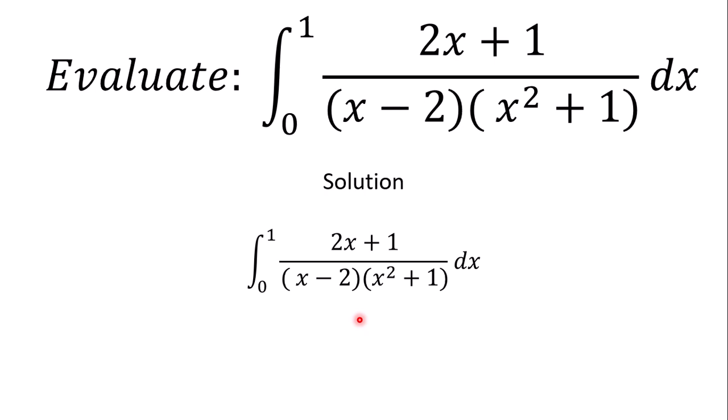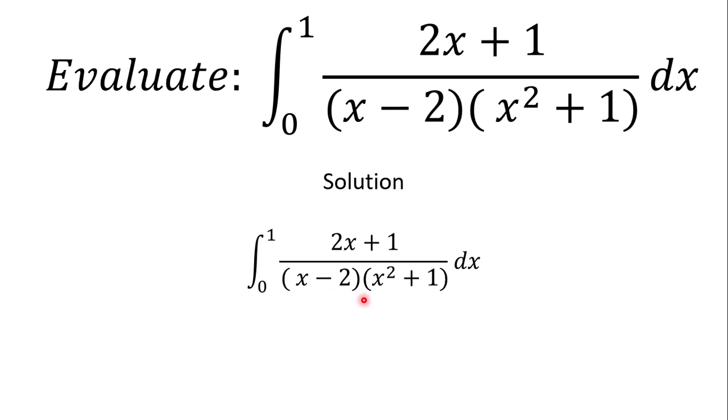What we are going to do here is apply the partial fraction directly from here. We're not going to do any substitution or anything else. We're just going to apply the approach directly from here. In the next step, we are going to split it.